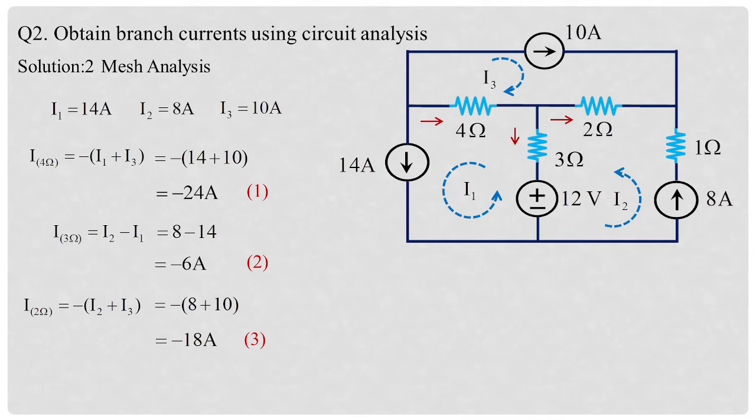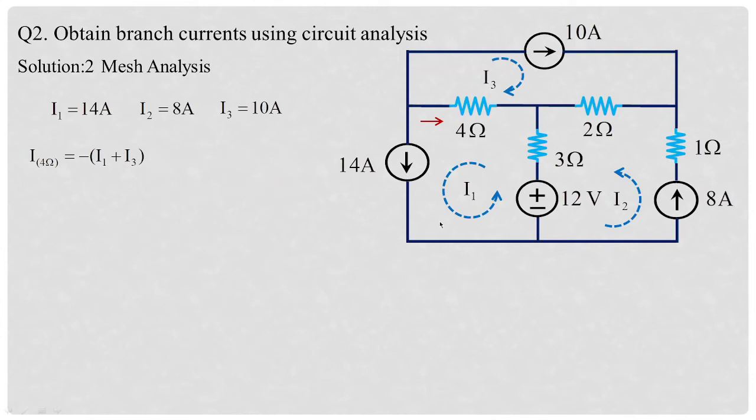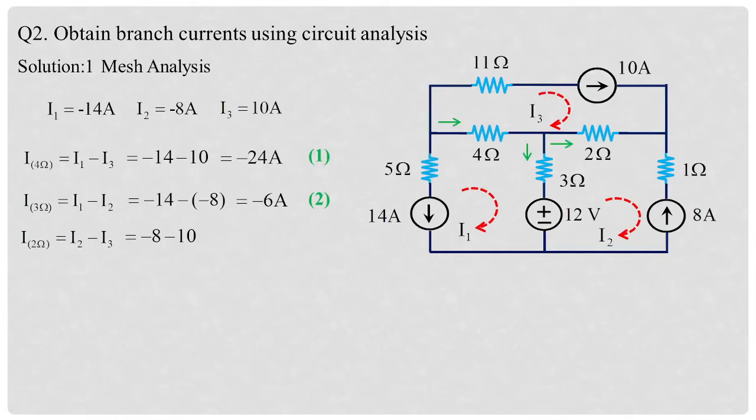And one thing you have observed in the previous case and this case is that in this direction, 5 ohms, 11 ohms, 1 ohm is neglected. Why are they neglected? Because current in series from this point to this point remains the same. Similarly, in the series circuit from this point to this point, the 10 amperes in series remains the same.